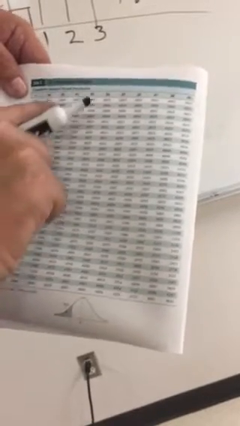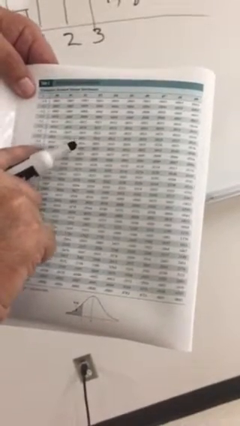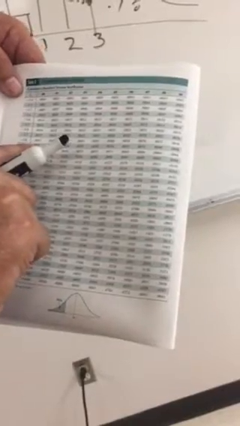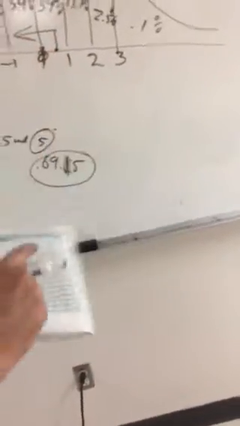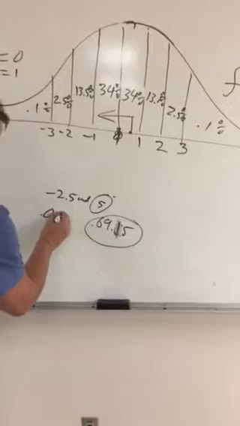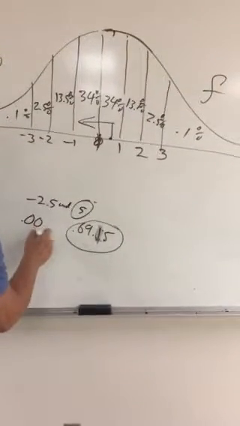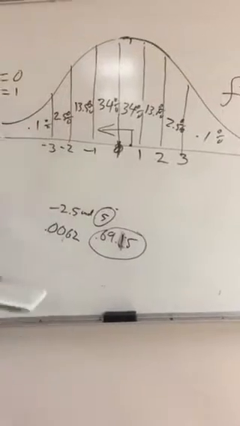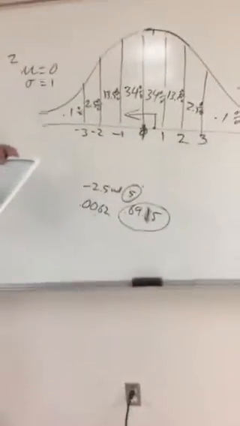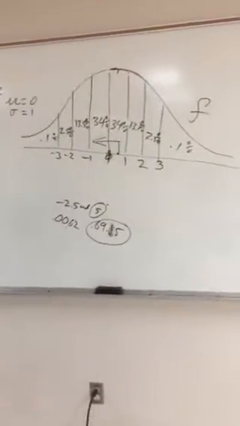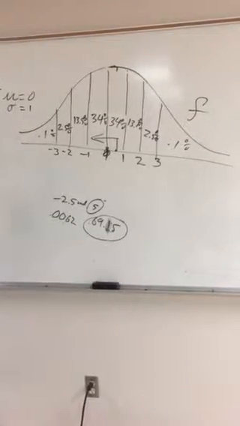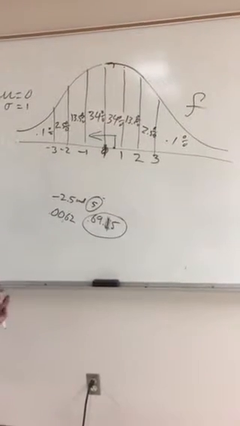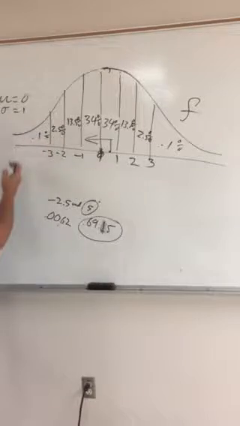I don't have any decimals, so 2.5 is going to be 0.0062, or about 6/100ths of a percent. So not much at all. There's very little beyond this point.